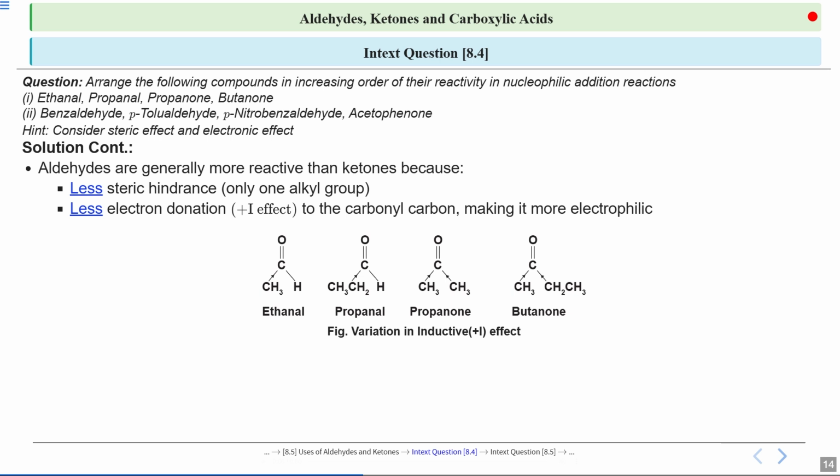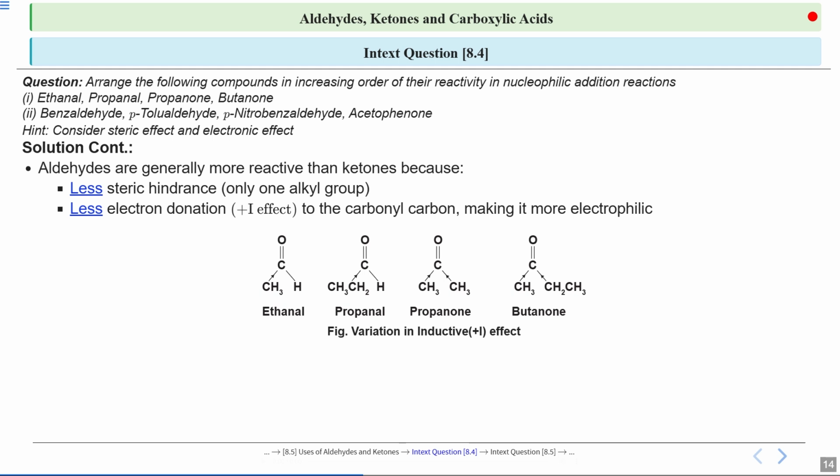Because of the presence of one alkyl group, they will have less plus I effect. Now carefully look at propanone and butanone, which are ketones. There are two alkyl groups present, which increases the electron donation effect.